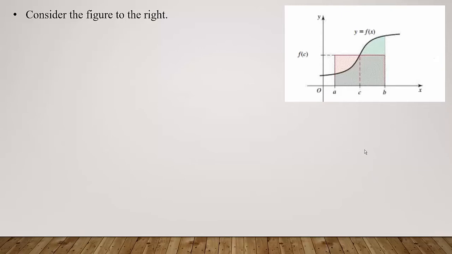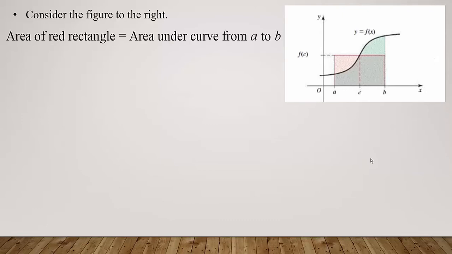What I'm trying to show in this figure is that the area of this red rectangle, that one rectangle, is the exact same as the area under the graph of f of x above the x-axis from a to b. So the area of the red rectangle is the same as the area of the region below the graph of f above the x-axis between a and b.